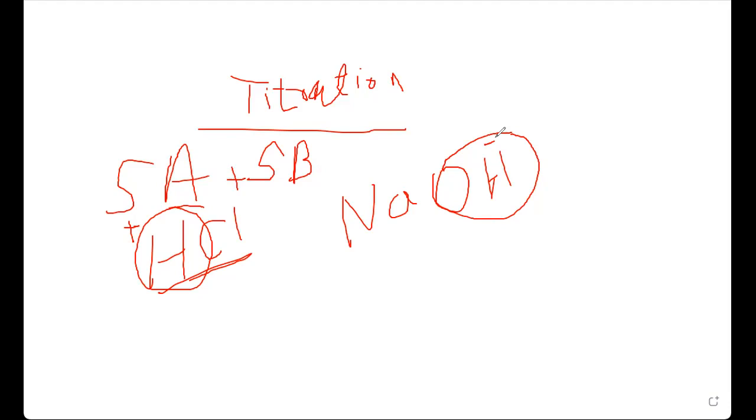So when you are reacting a stronger acid and a stronger base together, both are completely dissociating into ions, and they are giving you H positive ion and OH negative ion. So all the H positive ion from the acid and all the OH negative ion from the base together will give you water.